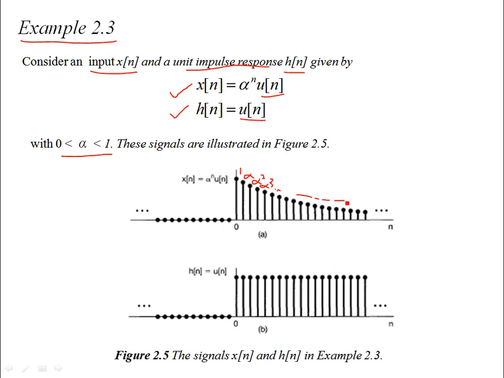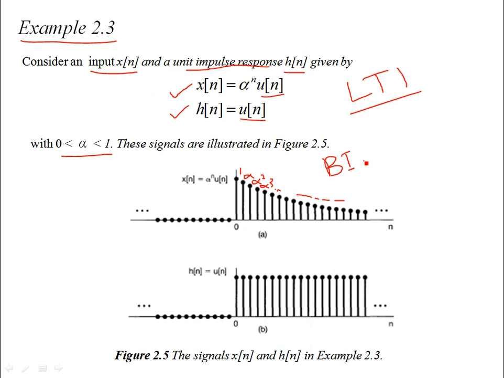So this sequence is a bounded sequence. You can say that this is a bounded input. Since we are using convolution to understand how the output is evaluated, it implies that the system is also linear time invariant.